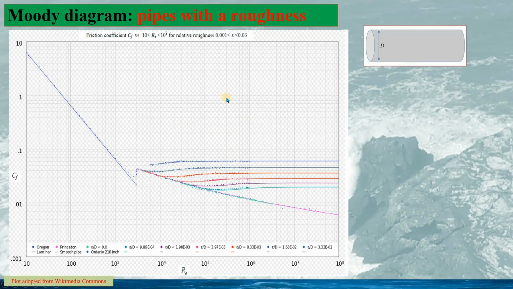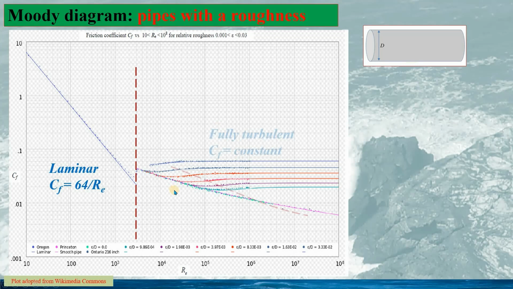If we draw the data for the fluid friction in the pipes with roughness, we will have a drawing called the Moody diagram. So this is the drawing for the fluid friction for the pipes with roughness. And we can see for the laminar flow, the fluid friction coefficient is independent of the pipe wall roughness.